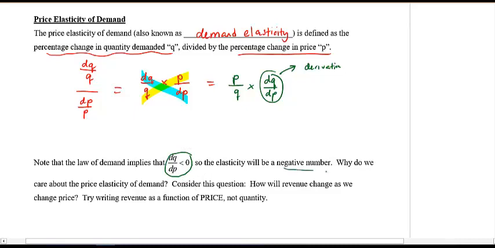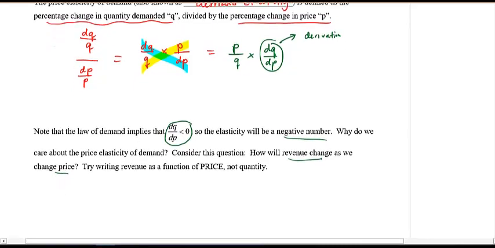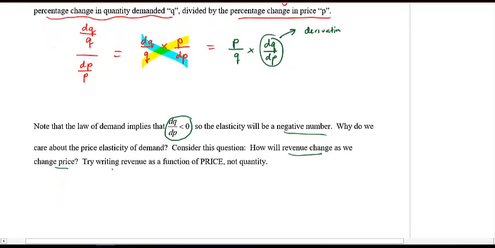Okay? So once again, why do we care about this? Well, consider this question. How will revenue change as we change the price? So let's do this by taking a look at, once again, what revenue is. Revenue equals price times quantity. Now note, this time I want it to be as a function of price.